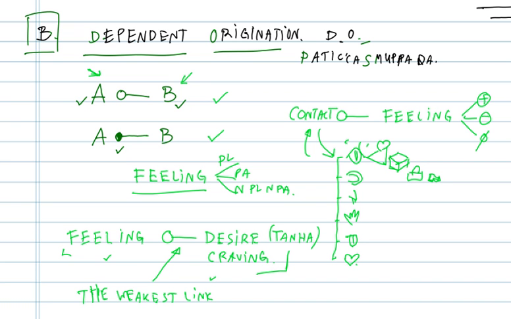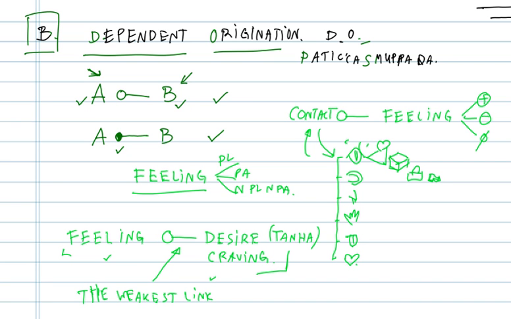What does that mean in terms of A related to B? In this case, you can see B is conditioned by A. A causes B. It's just a simple law of cause and effect.